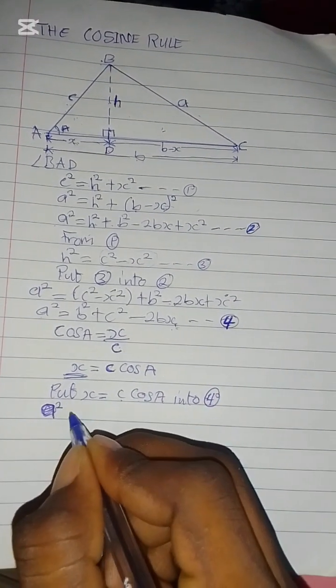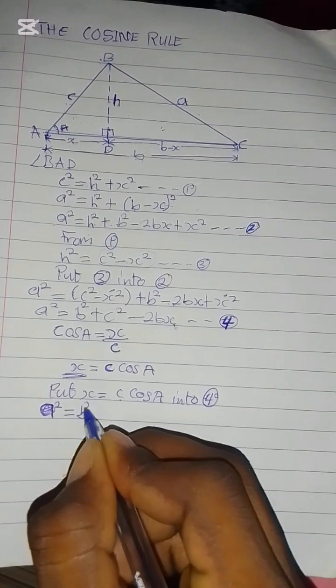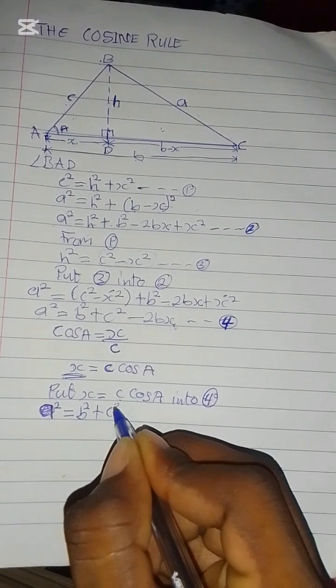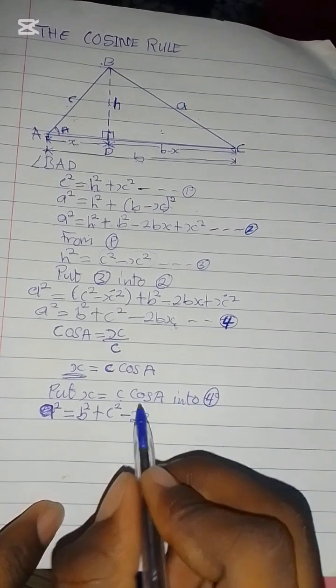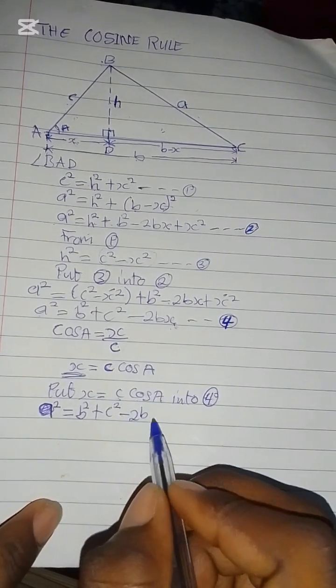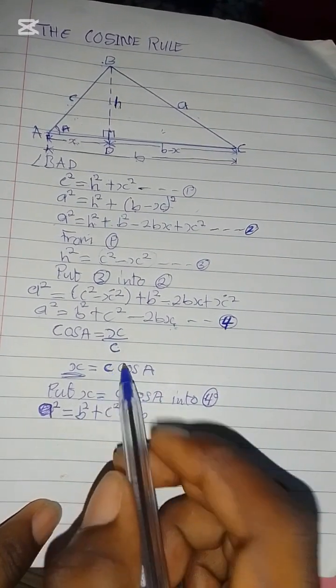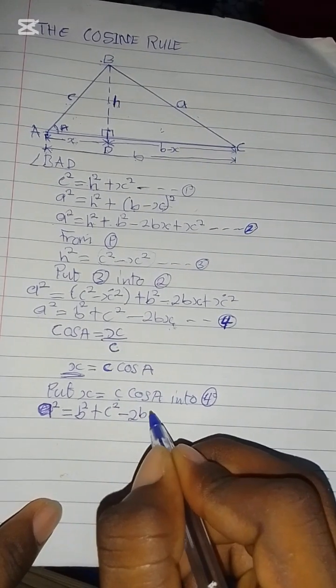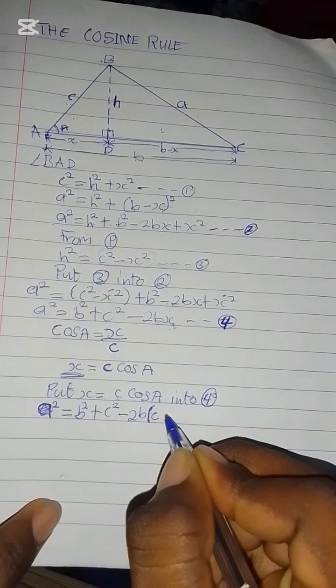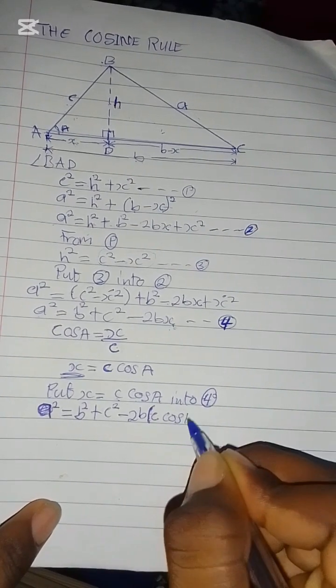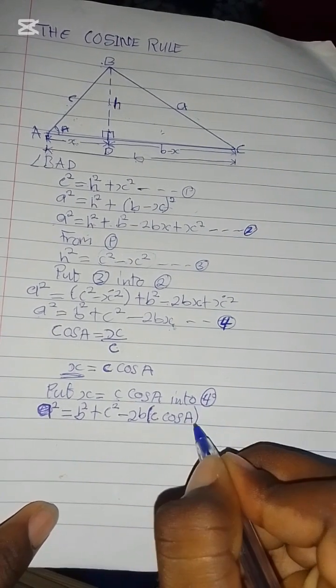a squared will be equal to b squared plus c squared minus 2b times x. Substituting the value of x, let me put the bracket here to separate it at first: c cos A, in brackets.